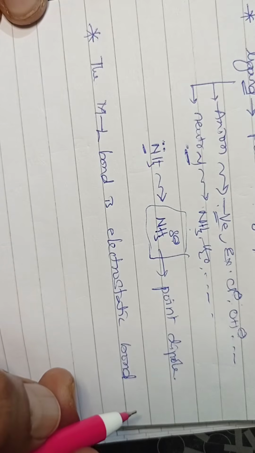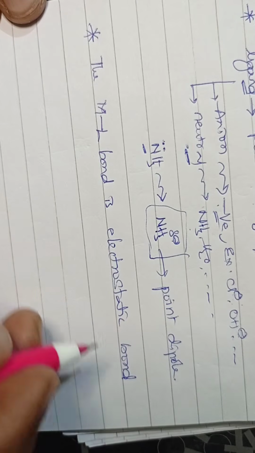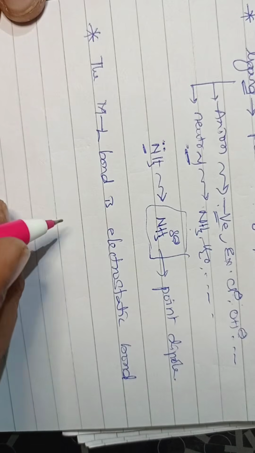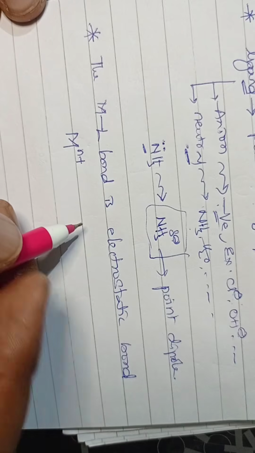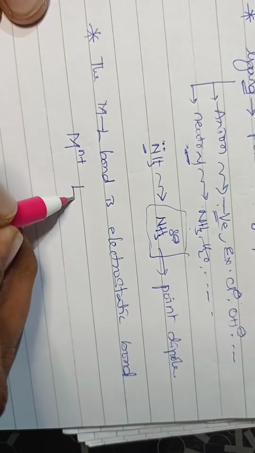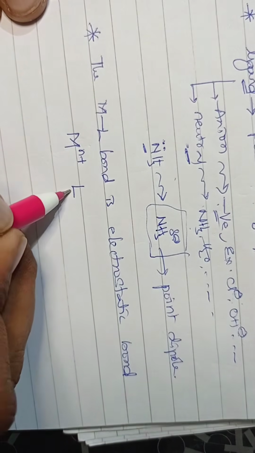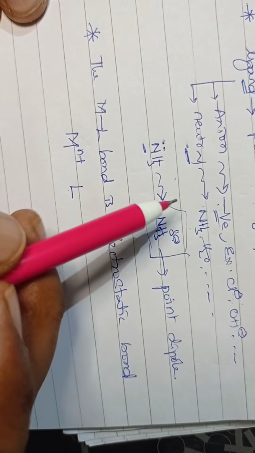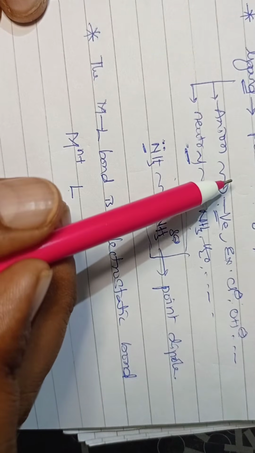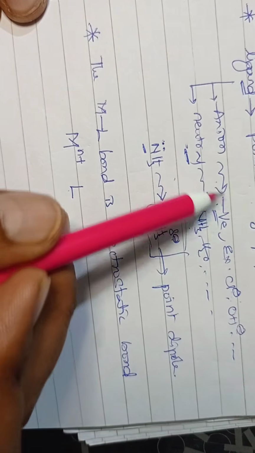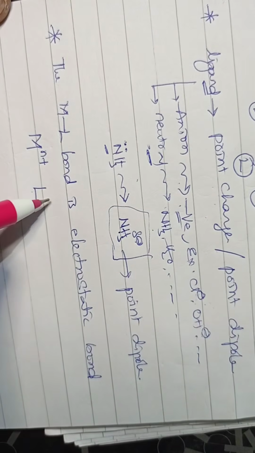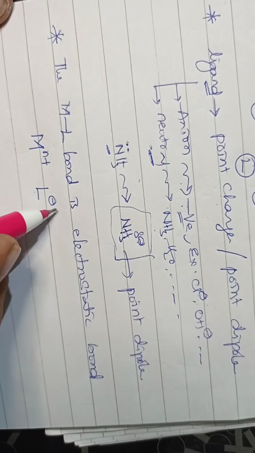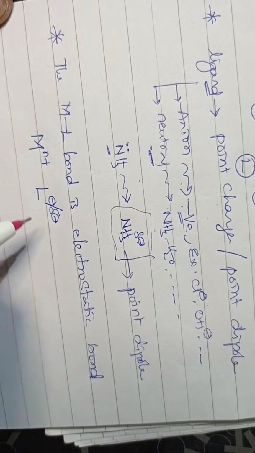Why? Because the metal is considered a positively charged ion, and the ligand, as per the second statement, is either a negatively charged anion, a point charge, or a point dipole. So it may carry a full negative charge or a partial negative charge.